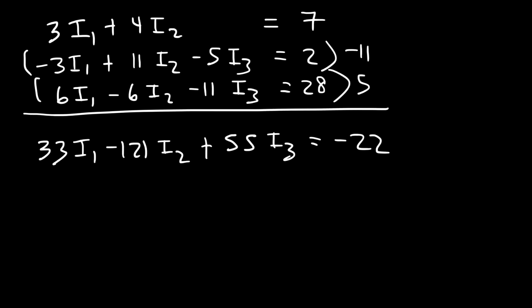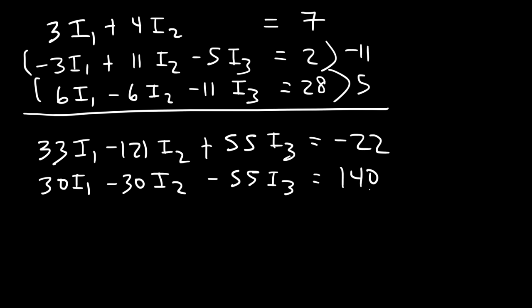Now let's multiply the third equation by 5. So 6I1 times 5, that's going to be 30I1, and then negative 6I2 times 5, that's negative 30I2. Negative 11I3 times 5 is negative 55I3. And 28 times 5. We know 20 times 5 is 100. 8 times 5 is 40, so this is going to be 140.